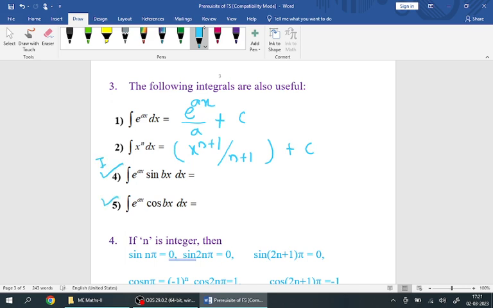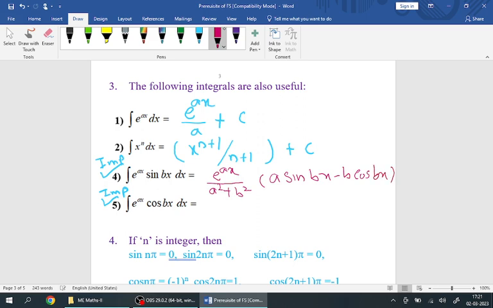Examples 4 and 5 are important. They are required a number of times in Fourier series again, and we already used these formulas in Laplace. So integration of e raised to ax sin bx is e raised to ax upon a square plus b square, times a sin bx minus b cos bx.